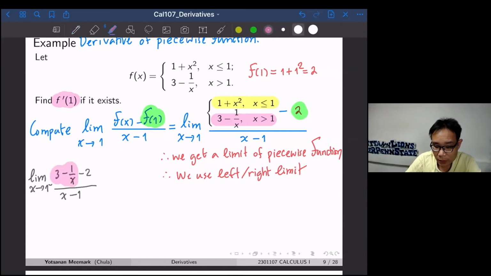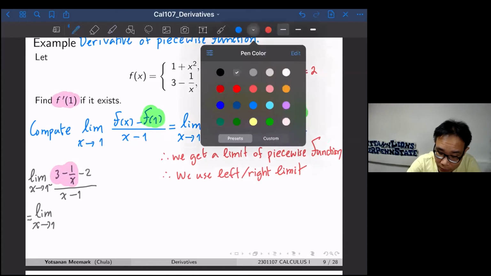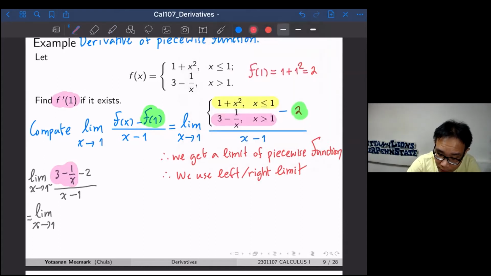And you compute this limit as x goes to 1. You combine the top, so the top can be combined to obtain 1 minus 1 over x, which is (x minus 1) over x.